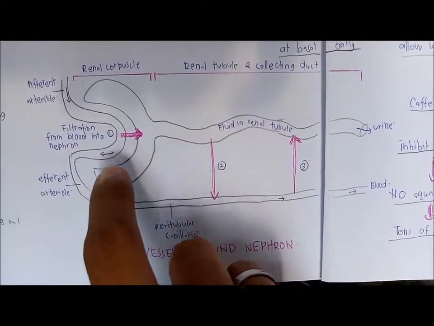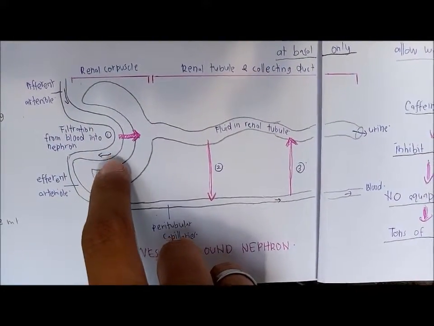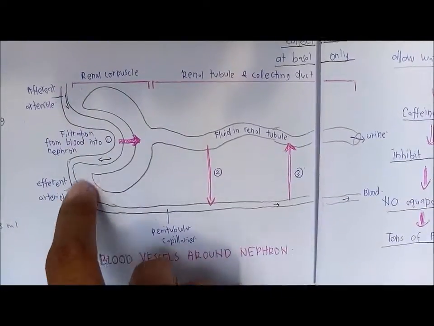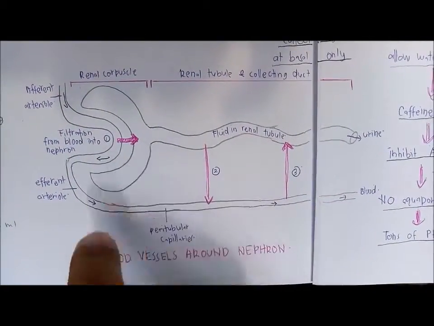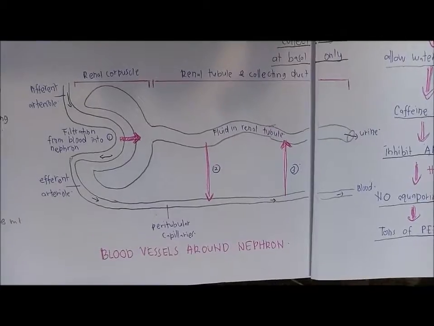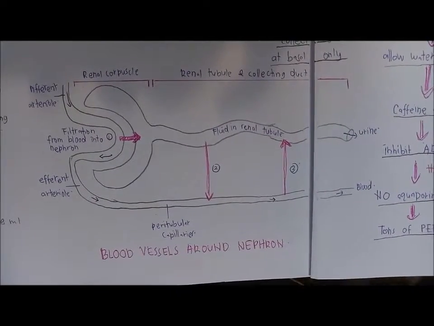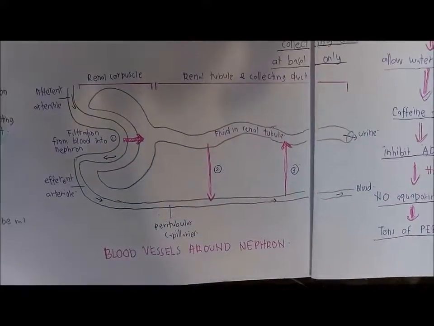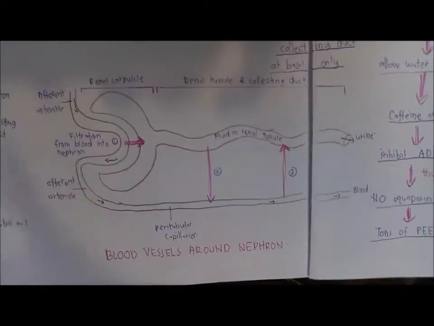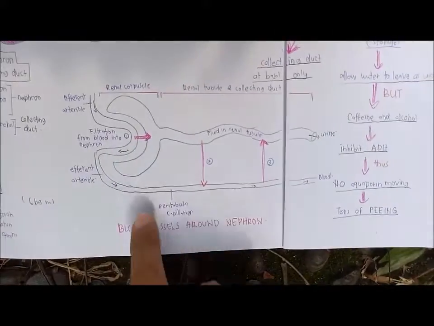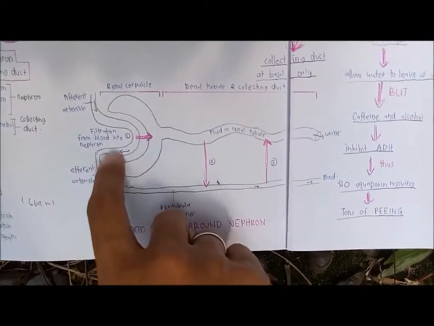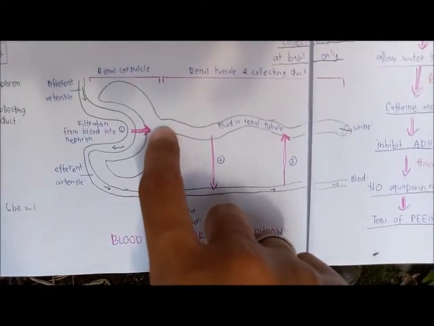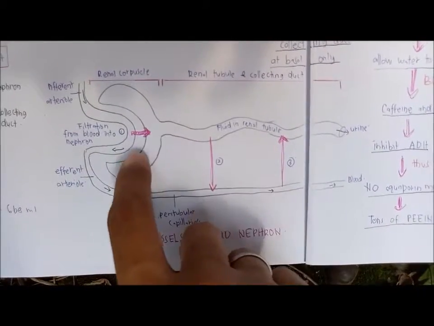It will filtrate from our artery to the glomerulus, allowing the dissolved material, for example water and small molecules, to pass from the blood vessel, which is the artery, into the nephron, which is the glomerulus.